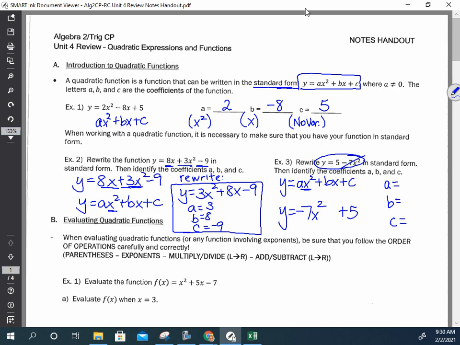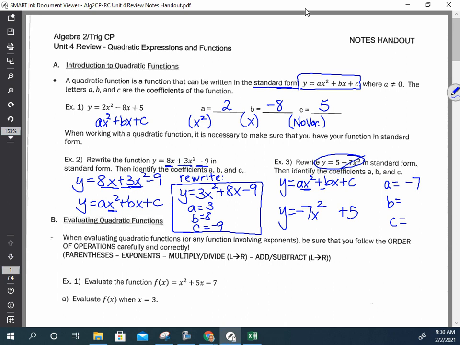So the a value is negative 7. What's the b value? Zero. So b is 0.